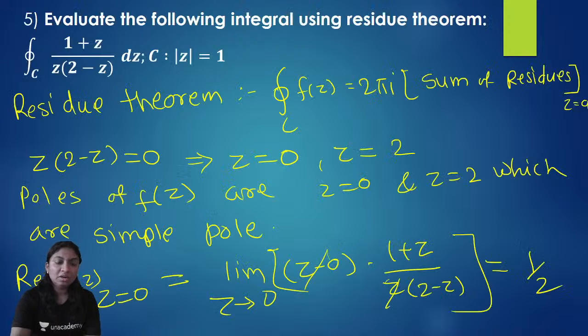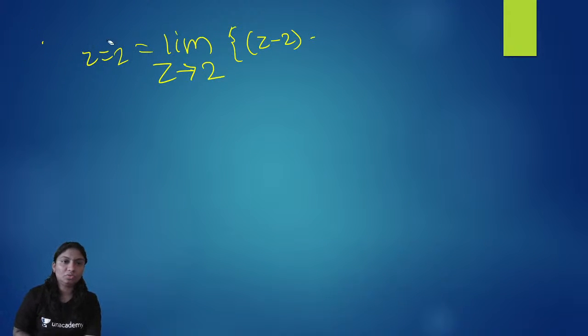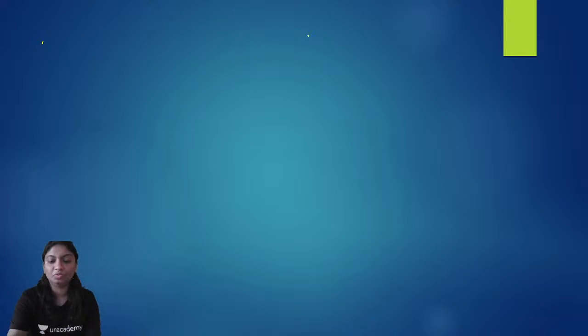But if you see, we will find out the residue only for the points which lie inside the curve C. So there is no need to find the residue for z is equal to 2. Why?